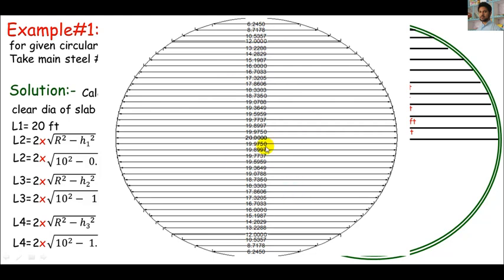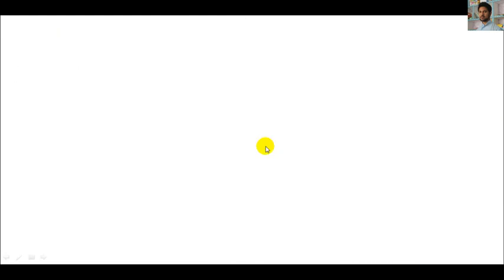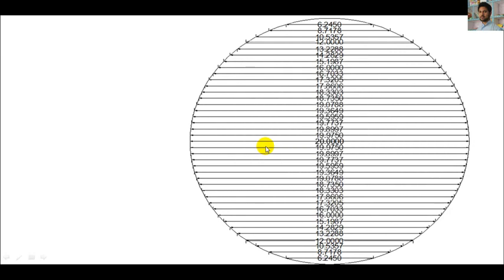Let me draw this again over here. You can see it better. The text size is a little larger. So when I have the cutting lengths of each bar, just add them to get the total main steel length, which is 303 feet, if I am right.